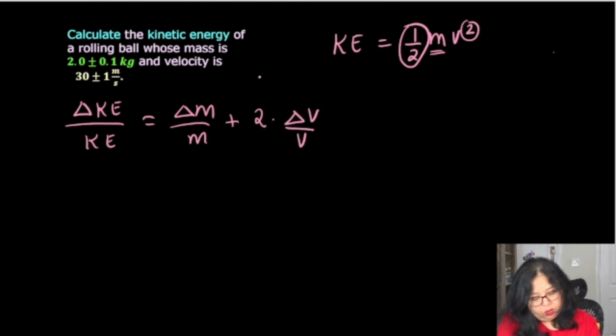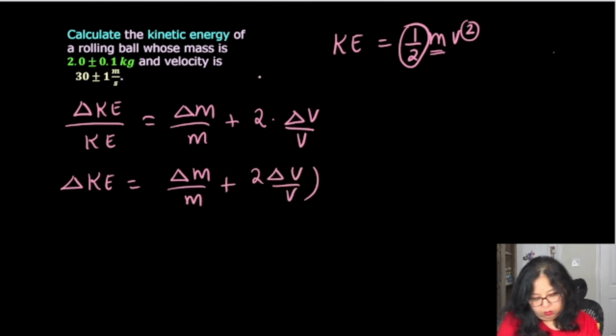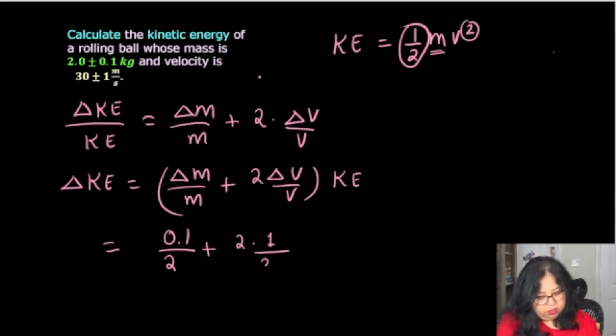Okay. Alrighty. So delta KE will be, you multiply KE on both sides. Delta m is 0.1, m is 2, plus 2 times delta v is 1, v is 30. Kinetic energy is 900.